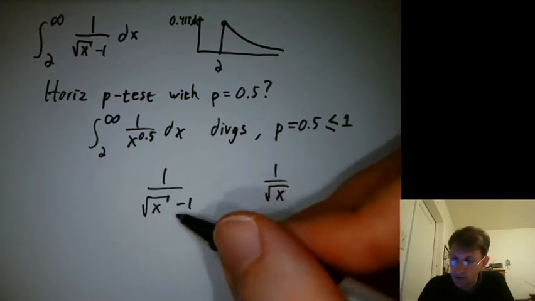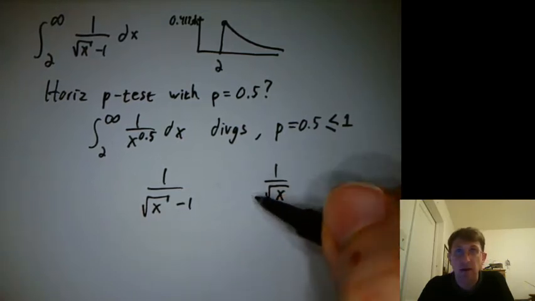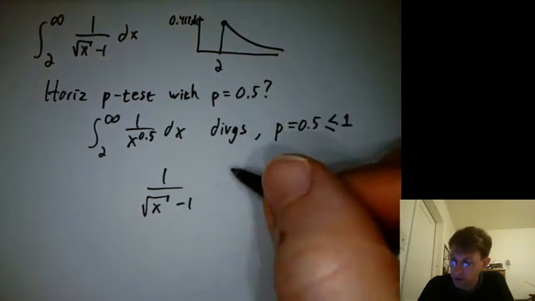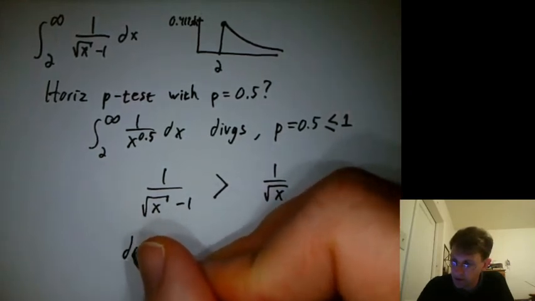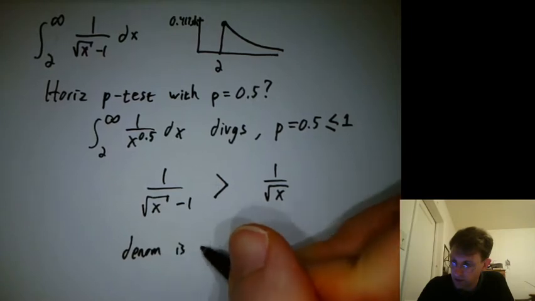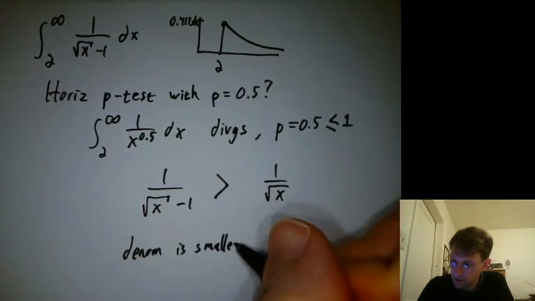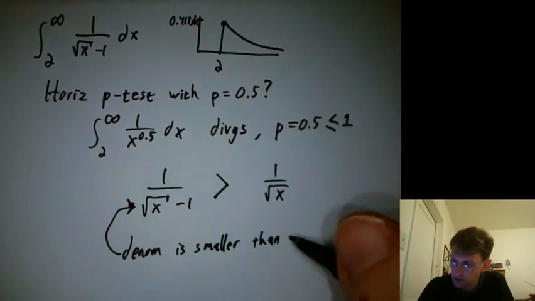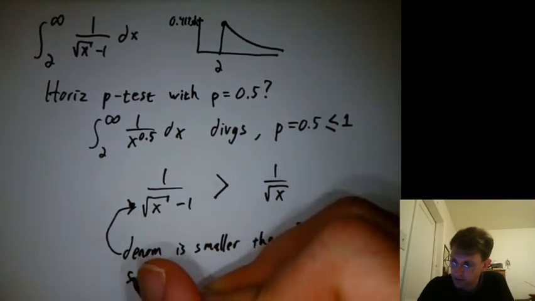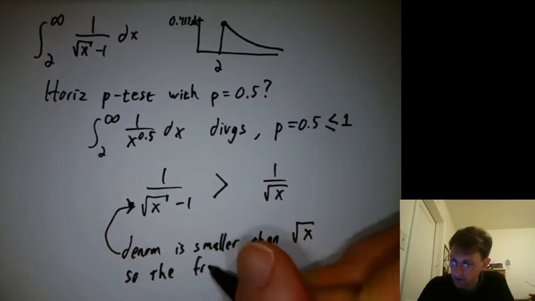So this denominator is smaller than root x, so the fraction is larger.